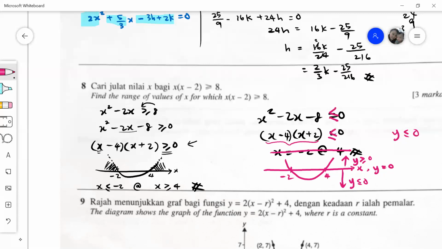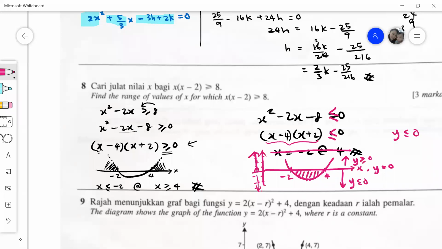Since we want everything less than 0, less than 0 is here, because all the y values here are below the x-axis. If this is the y-axis, this is 0, all these are -1, -2, -3, and +1, +2, +3. So everything above is positive, anything below is negative.